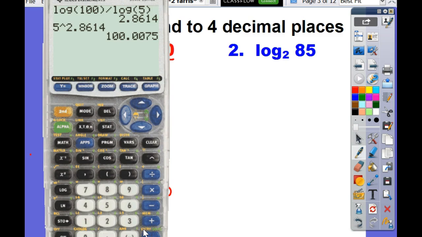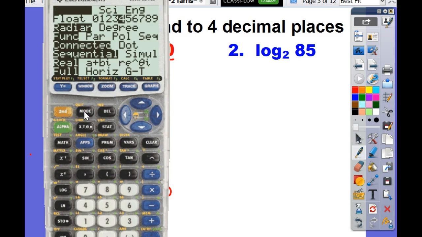Now, when I was looking at the answers entered into Schoology on Friday, some of the people missed the problems because they didn't round right. So we're not going to have that problem anymore because we're going to let our calculator round for us. So right here next to the yellow button, push the mode button. Even if it's already set, I want you to do it again so you'll know how.